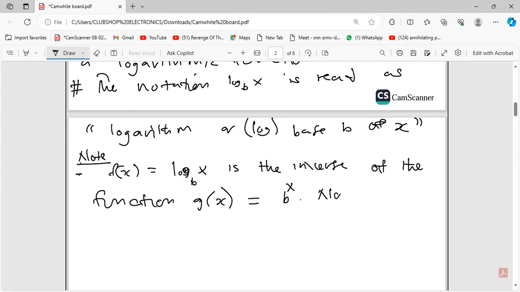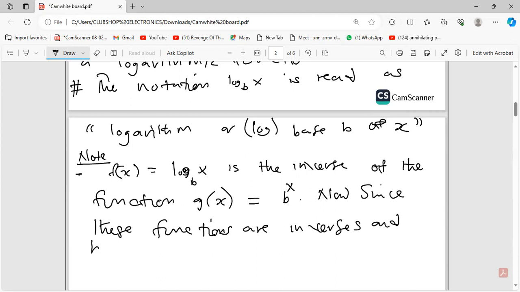Now, since these functions are inverses, right?